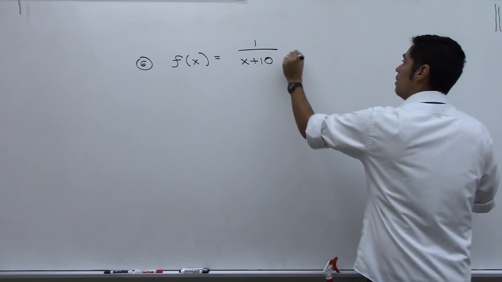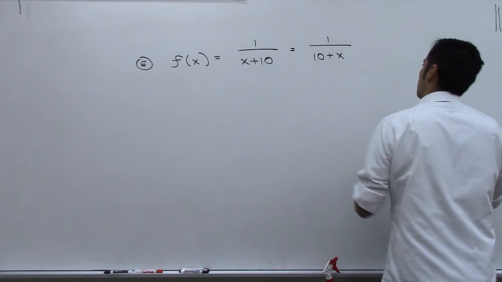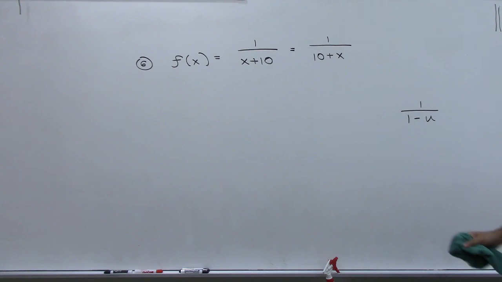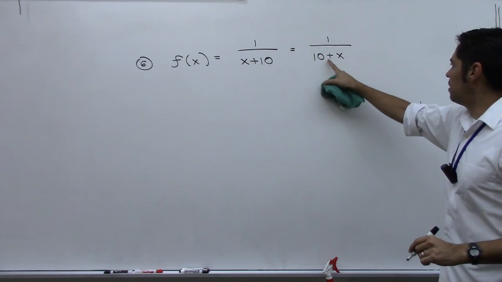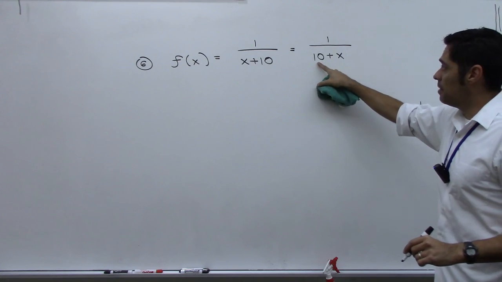Well, first of all, that's the same as 1 over 10 plus x. And I'm doing that because I'm trying to get it to look like this. And I almost have it, except I need a minus here, and this needs to be a 1. So let me first make this a 1.